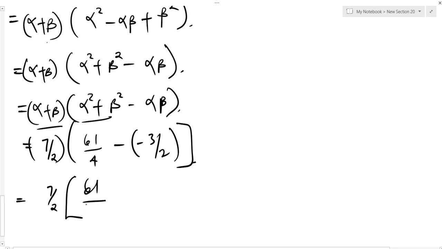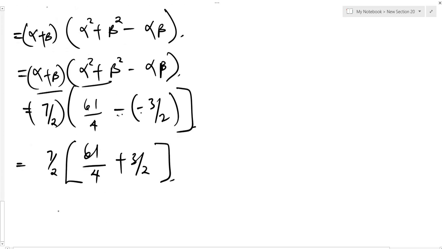So we now have 7 over 2 into 61 over 4 minus minus 3 over 2, which will give you plus 3 over 2. So we have 7 over 2. Now here the LCM of the denominators, which are 4 and 2, is 4.